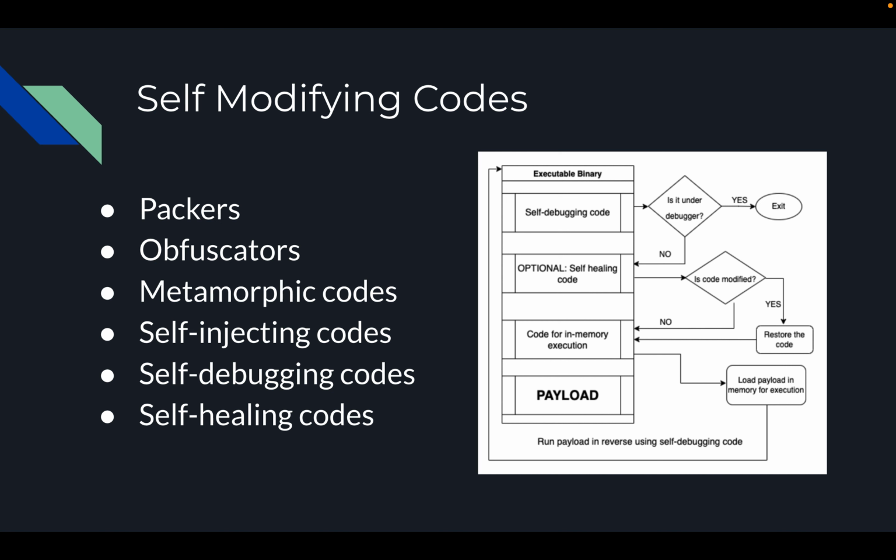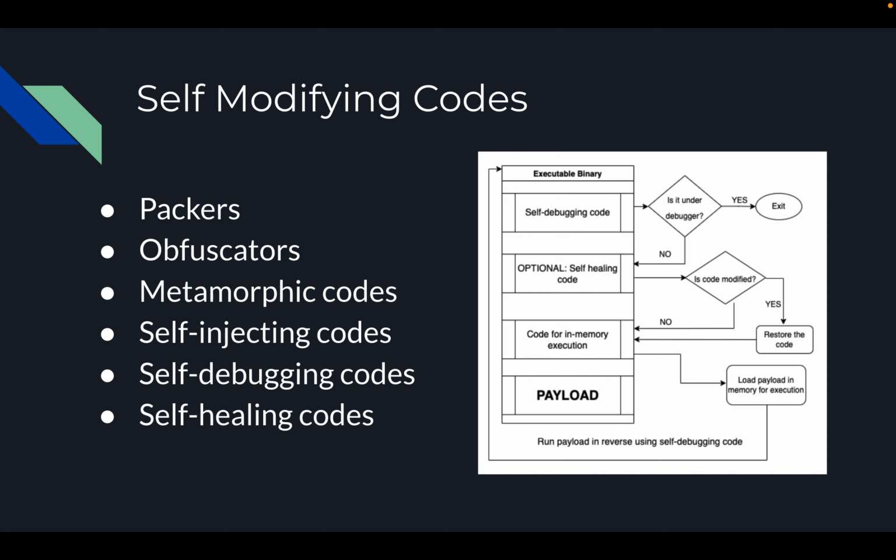Then the debugger process can control the debuggee process, including but not limited to overwriting the executable code. Self-healing code. These programs can detect patching either in a file or in memory and can recover to the original state by reverting the patch.